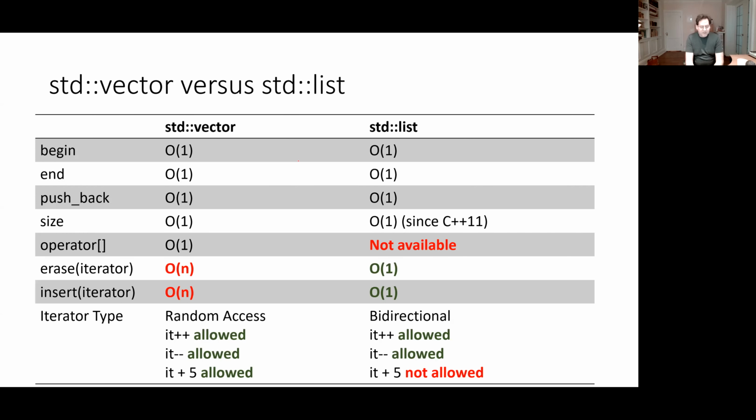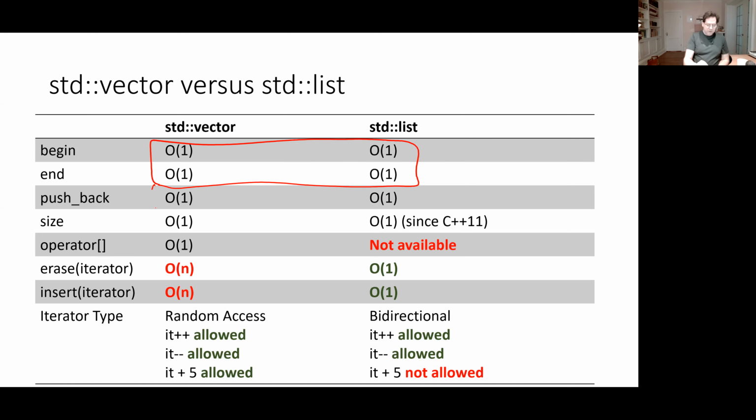Okay, so let's compare vector versus list. This is how you pick what data class you store things in. You look at a list of operations and you think, well, what am I going to use this for? So I want to use a class that gives me fast versions of the operations I'm going to use. So begin and end are order 1. Those are simple for both of them.